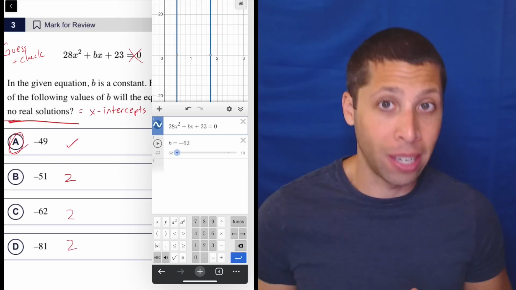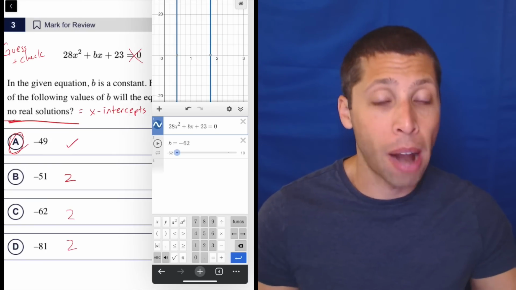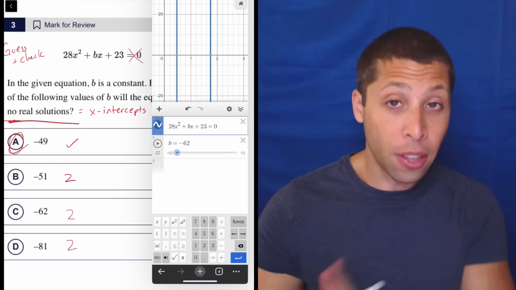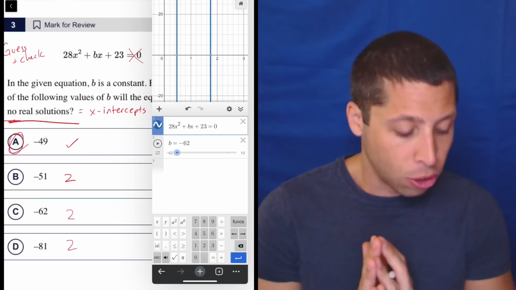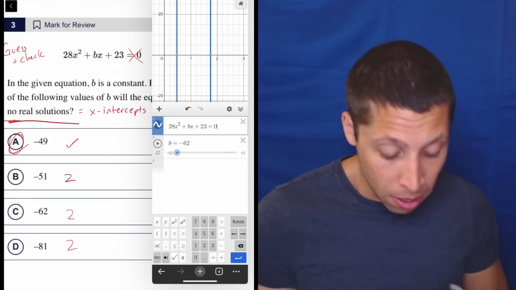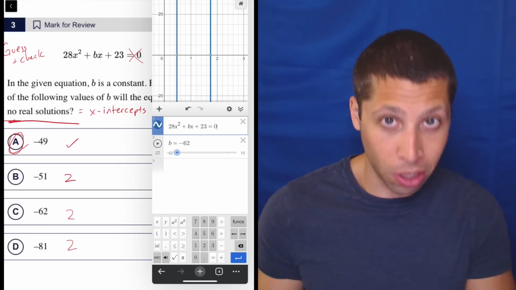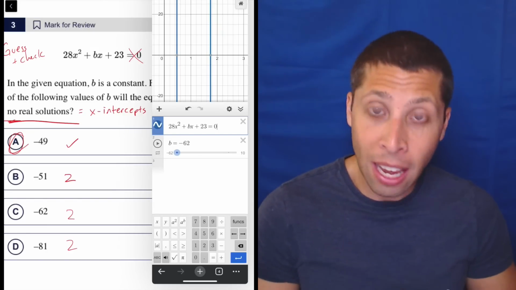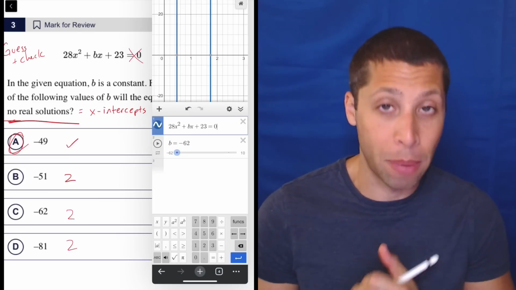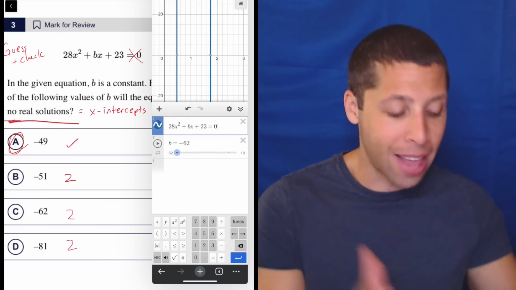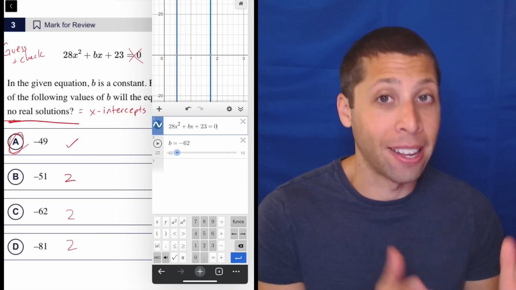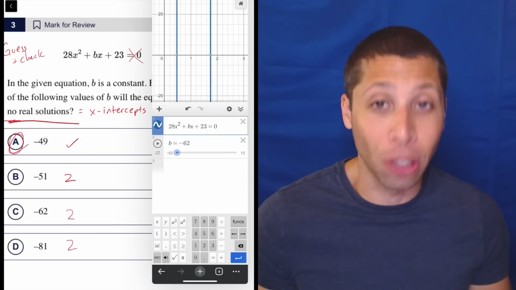Because now, instead of graphing the quadratic as a parabola, it is solving for the values of x, so it graphs those as vertical lines. It's telling me, because I have two of them, that there are two solutions to the equation that they originally gave me when I put negative 62 in for b. That is what we thought when we had it graphed as a parabola.